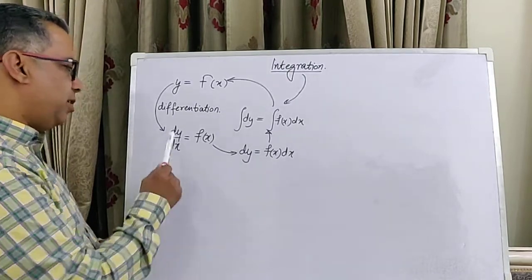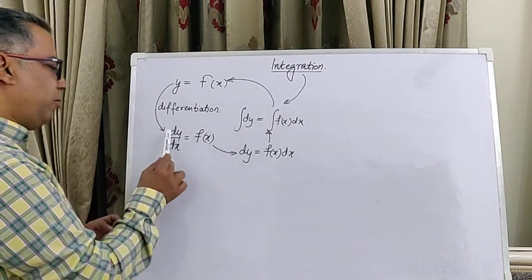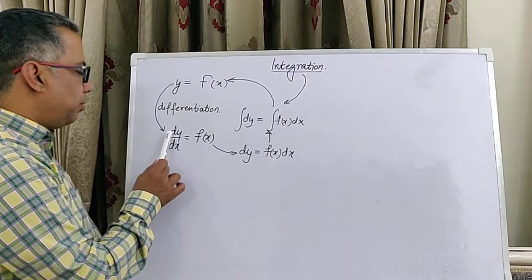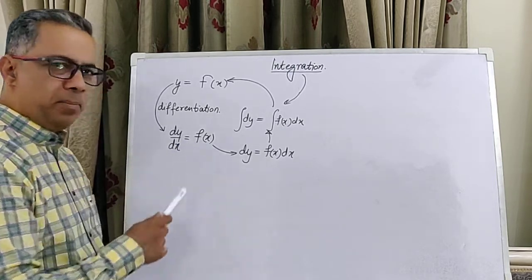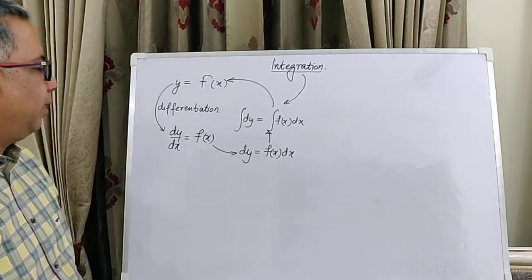Now dy by dx would be the rate of scoring per ball, and that function is small f of x.